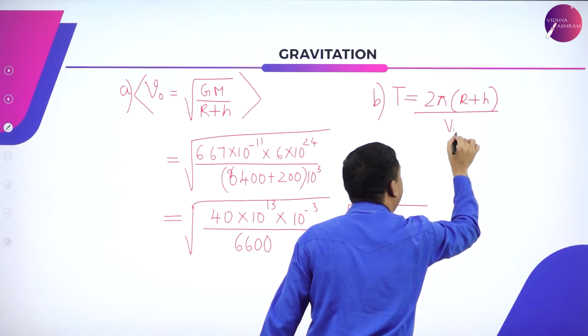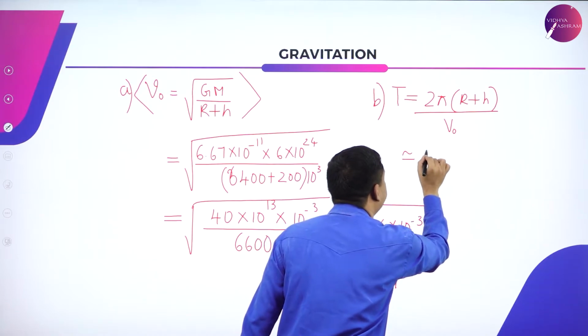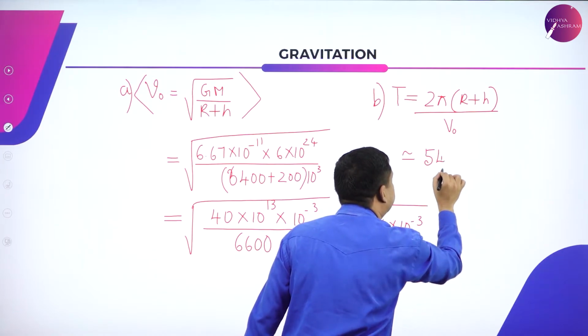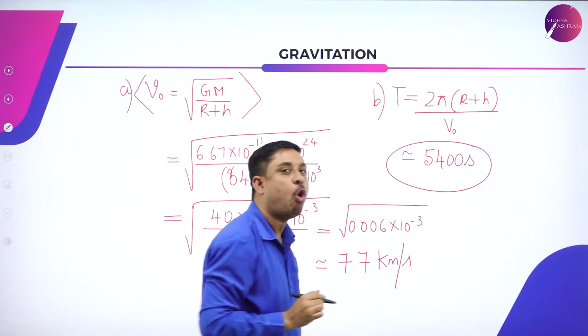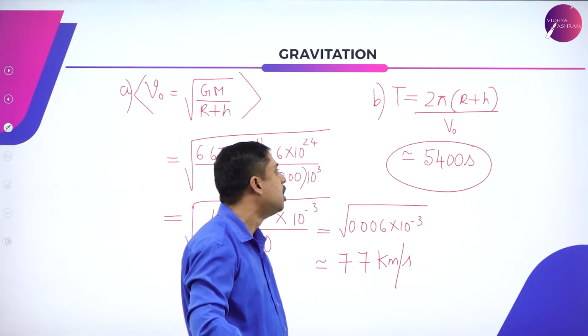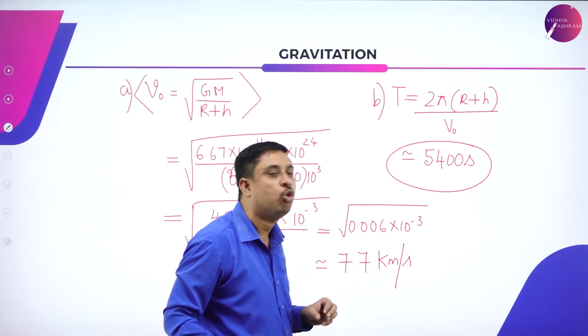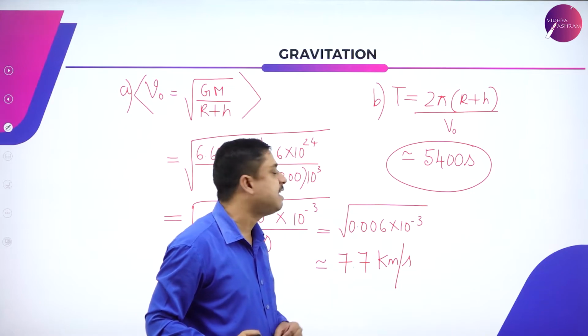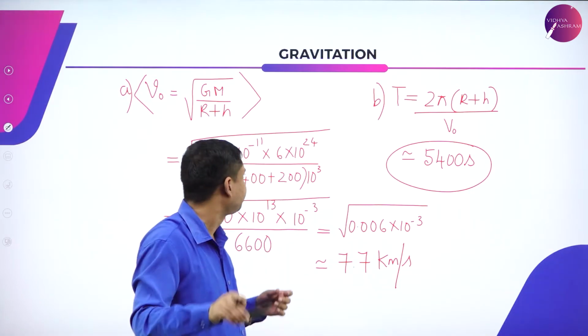Speed is nothing but orbital velocity. On simplification, it turns out to be 5,400 seconds. So students, please do substitute, then verify the answer. Don't directly take down the answer.